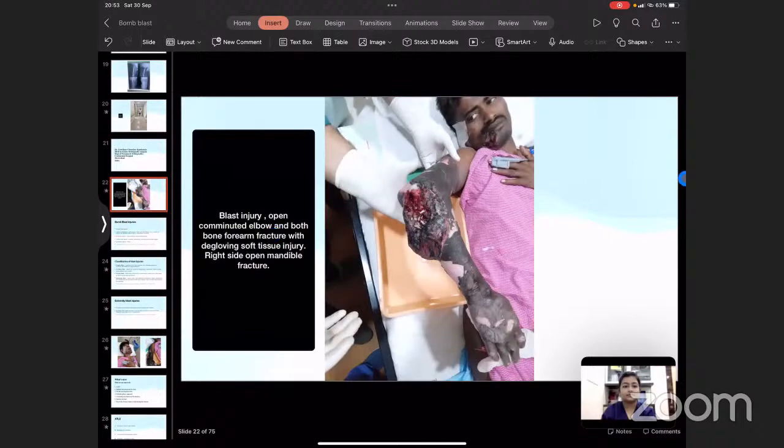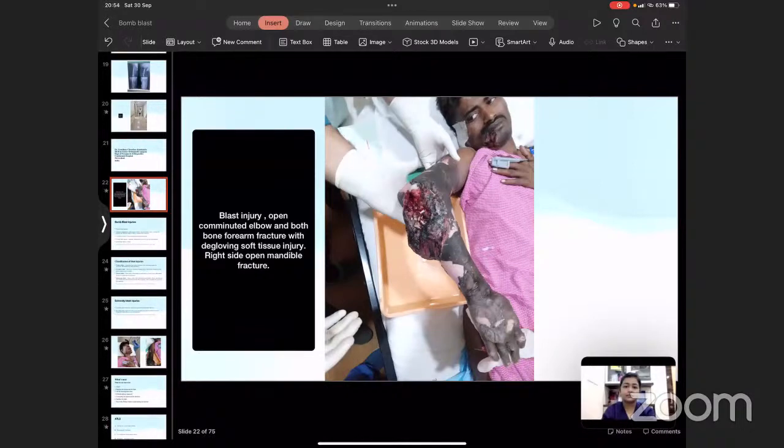This is one of the nasty cases when I joined here in Continental Hospital in 2022, September, almost a year. I left my own setup in Indo-British Vijayawada and came here. This gentleman is a worker in a factory, and there was a blast injury.